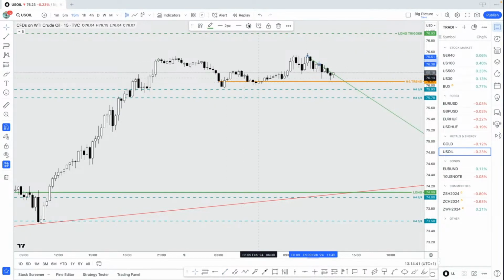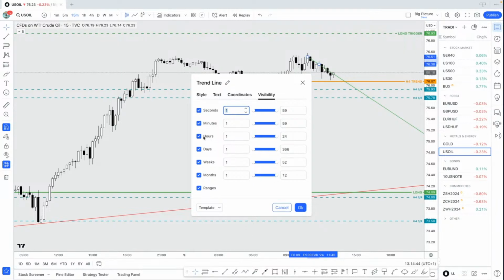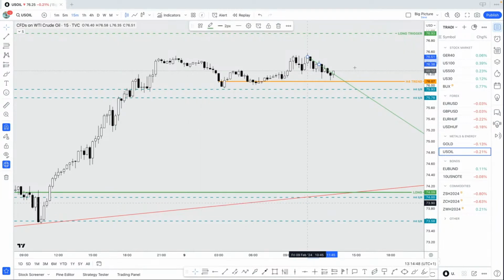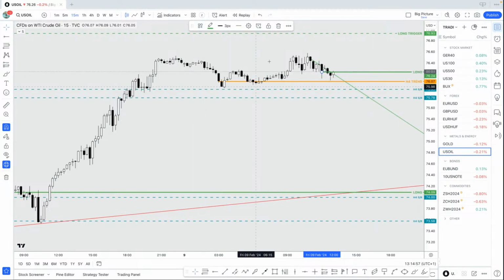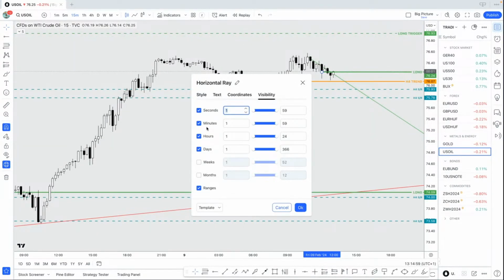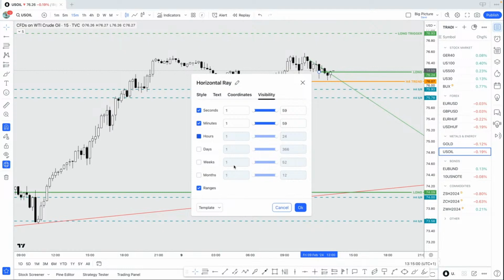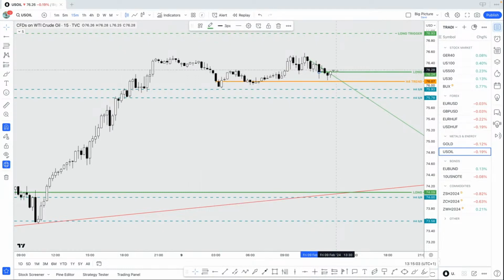And this is a long counter trend that I don't want to be seen on the hours, days, weeks, and months chart. And here we have a south breakout that I also don't want to be seen on the hours and the days. And we have a start of the impulse here.